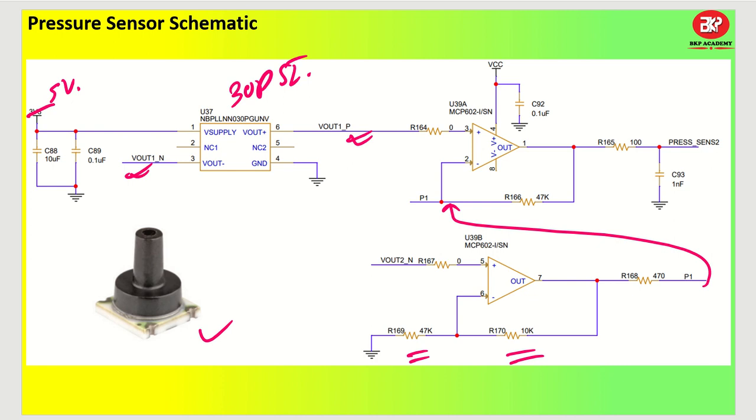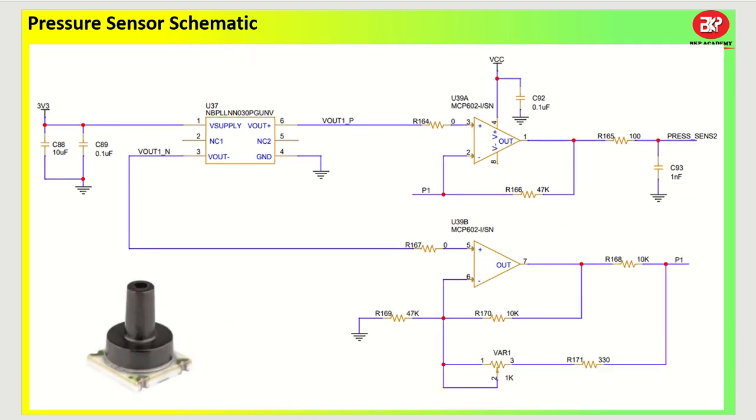Okay, so for that I will give you another example of this particular pressure sensor's schematic design, which will help you to calibrate your output to your ADC. So this will go to your microcontroller ADC, which is going to be 12 bit. Okay, let me give you that example.